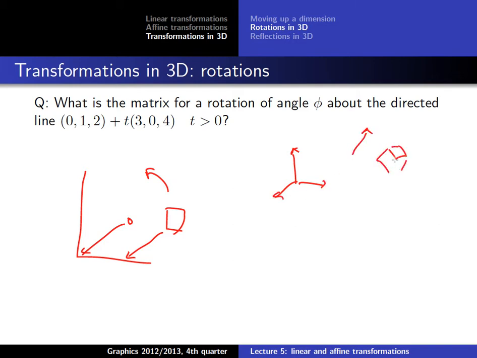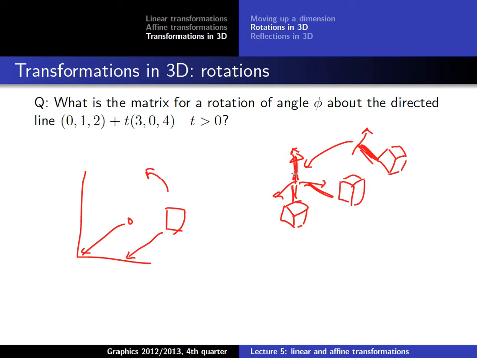We can move that in a way that this vector maps here, but still the relation to this vector is not uniquely defined with respect to this coordinate system. We could shift it in a way that this cube ends up here, or this cube ends up here. As long as this distance with relation to this vector is always the same, these are all possible rotations that we can do if we just map this vector to here.